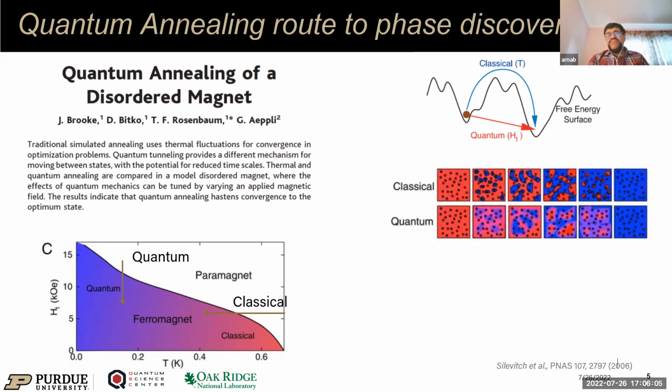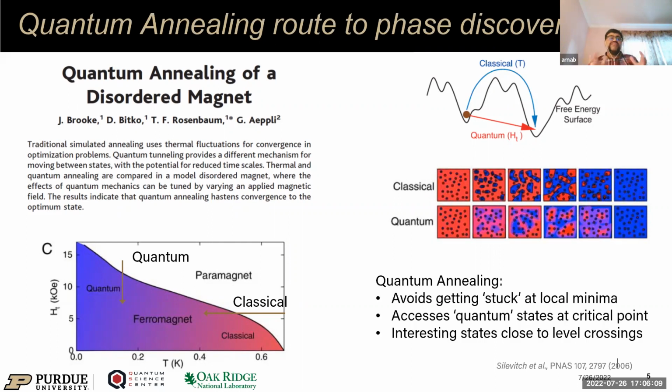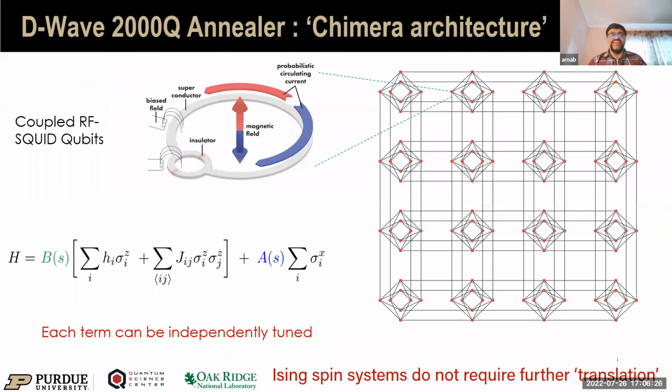And as a result, you can actually get new phases in quantum dynamics which you cannot get in the classical. And there is a paper on this as well, which really got me going, because you basically avoid getting stuck in a local minimum, and you can access the quantum states, and you can get close to the interesting states close to criticality.